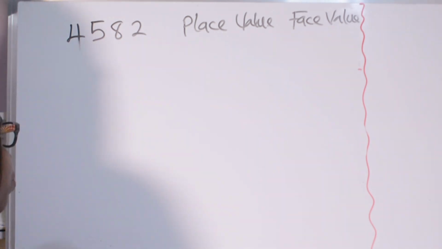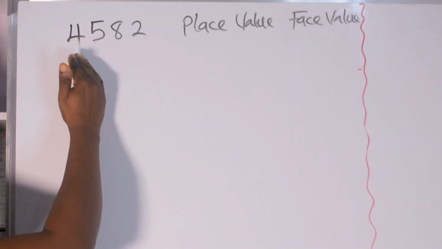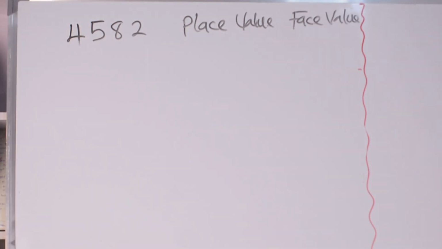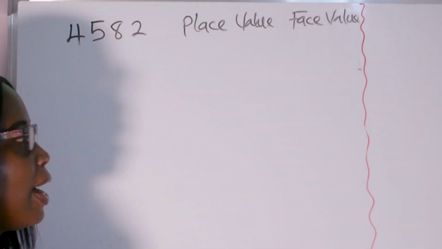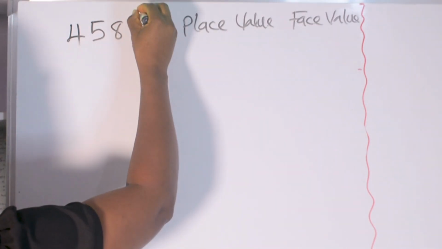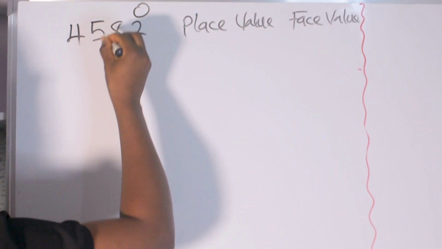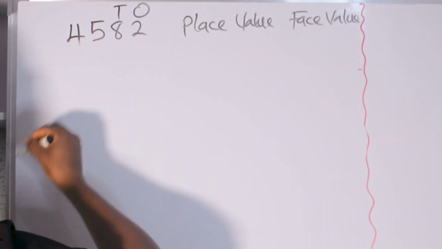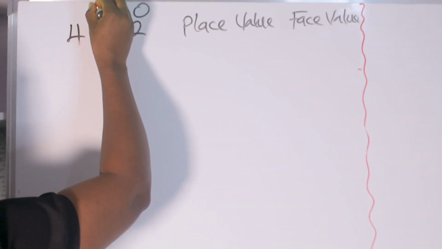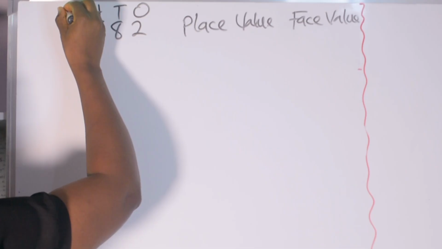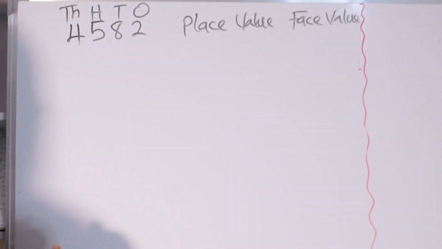So the first thing you will do to be able to find the place value of this number is to group them according to their place values. So 2 falls under ones, 8 falls under tens, 5 falls under 100, and 4 falls under 1000.